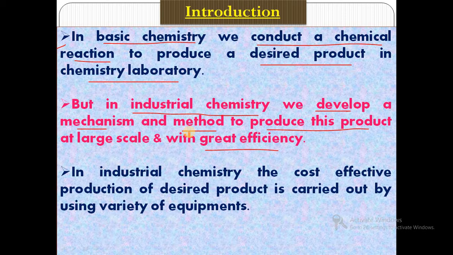That type of phenomenon takes place in industrial chemistry. So this is the main difference between basic chemistry and industrial chemistry. In industrial chemistry, cost effective production of the desired product is carried out by using a variety of equipment. So large scale equipment is utilized in industrial chemistry.